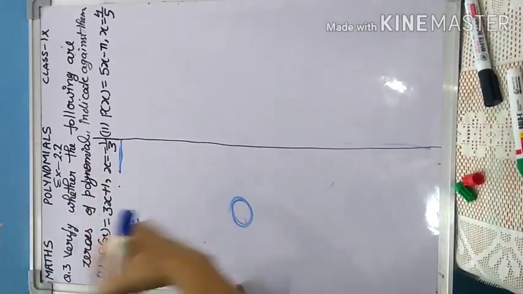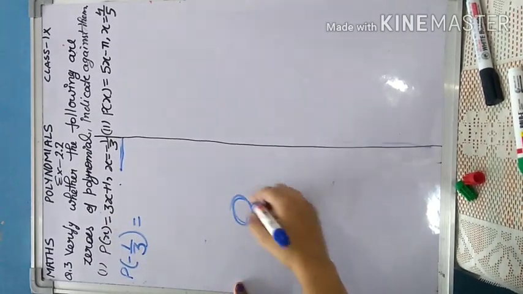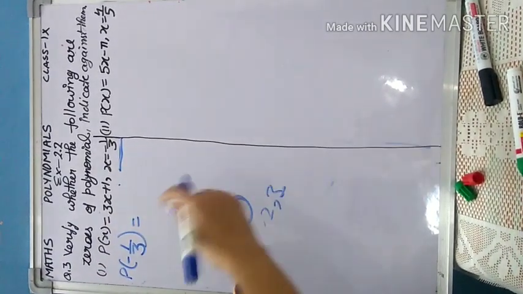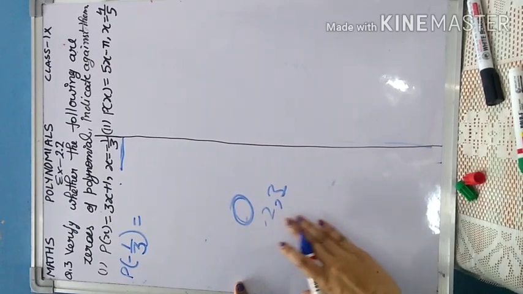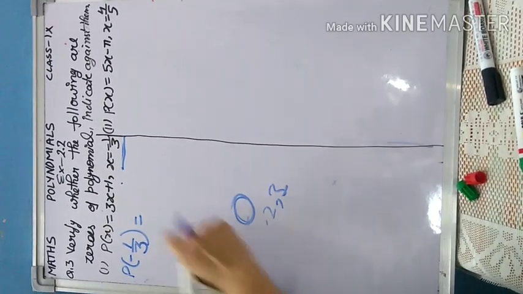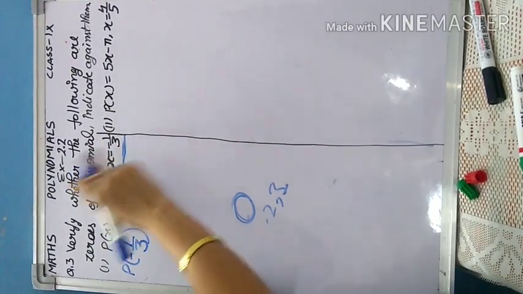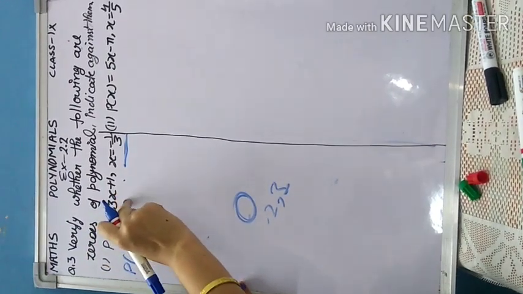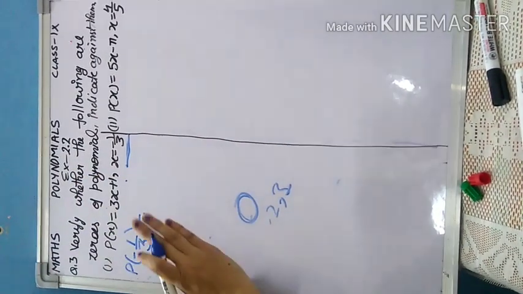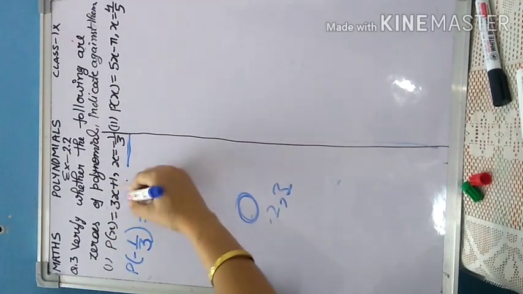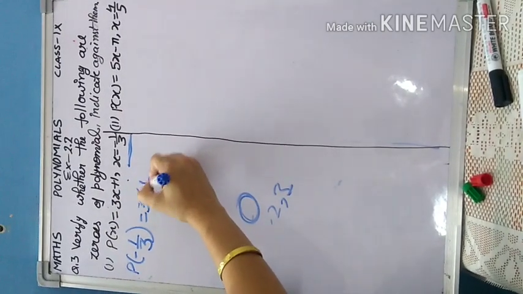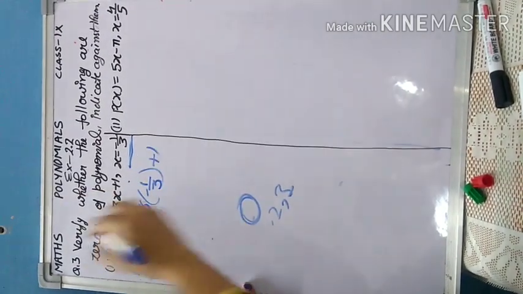And if the answer comes anything else, any number like minus 2, 3, 4, any number other than 0, then x is equal to minus 1 upon 3 will not be a zero of this polynomial. The rest of the process is the same. Okay?